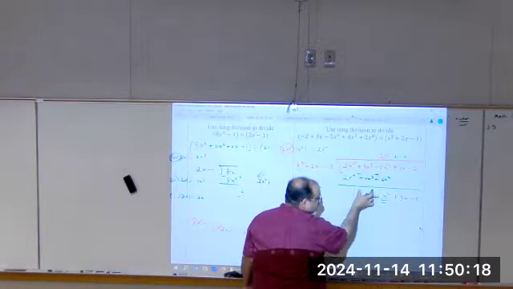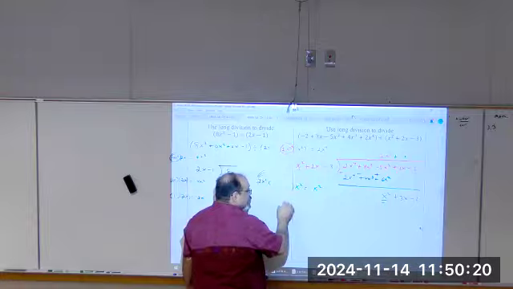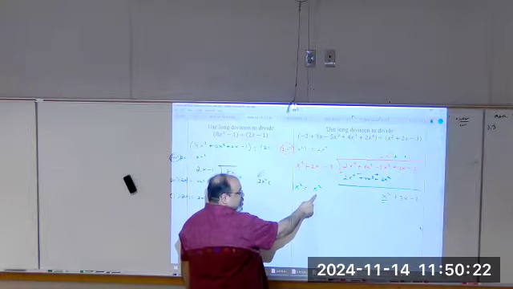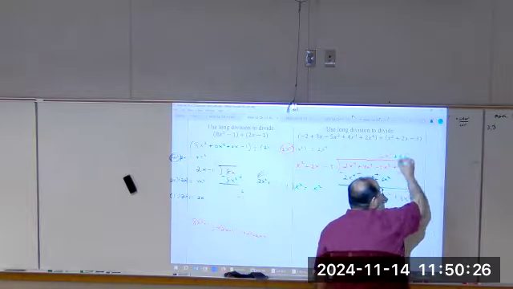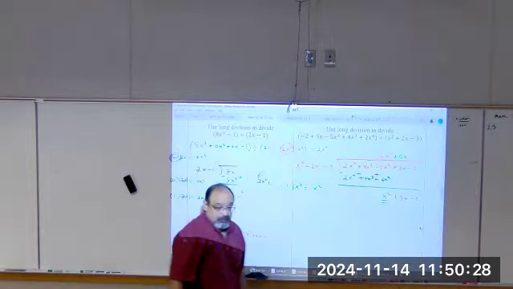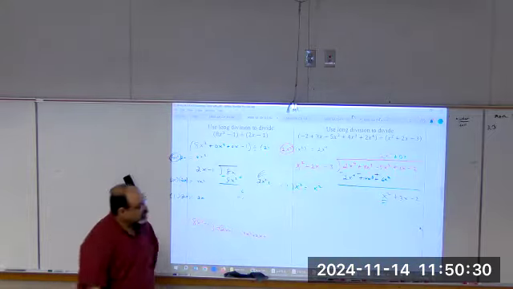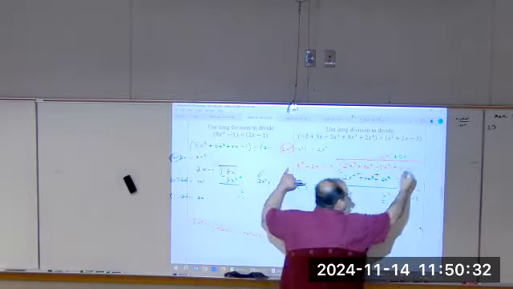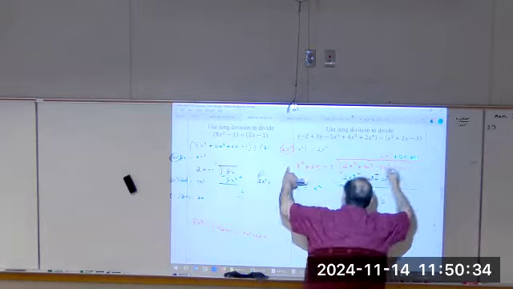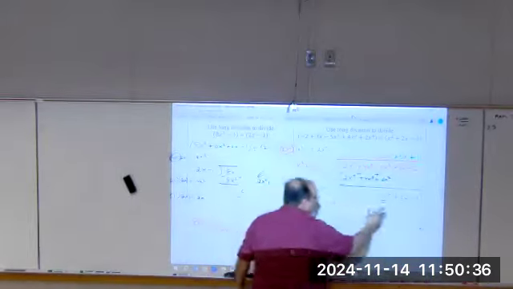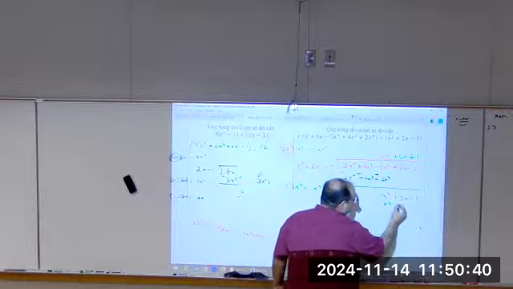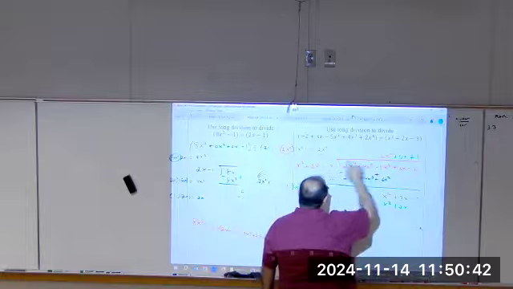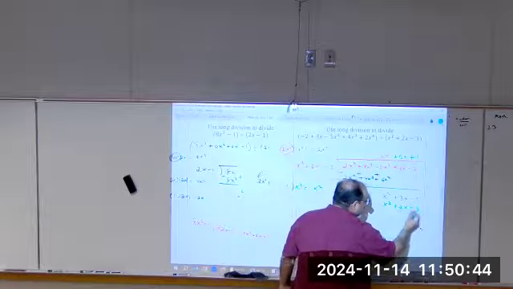I don't have any x cubes. What times an x squared is an x squared? A 1. So you know what? I'm going to have 0 x's that I use. I don't need an x to the third. So the last thing I'm going to need is a plus 1. 1 times x squared is x squared. 1 times 2x is a plus 2x. 1 times negative 3 is negative 3.